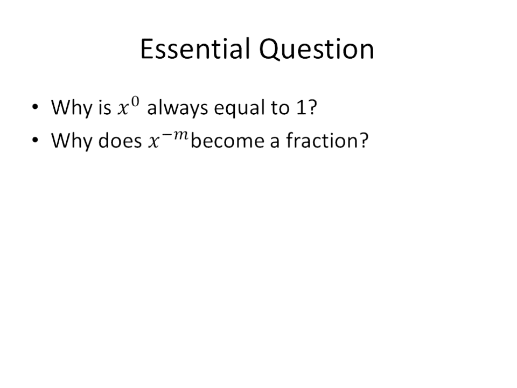And think about why would any number to a negative exponent become a fraction? And I should have put on this when m is positive. So when m is greater than 0.